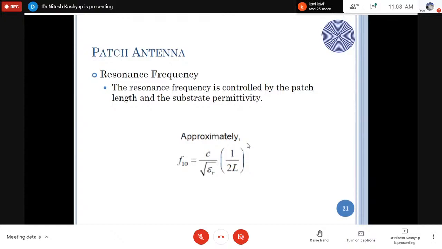Here I have written f10. This is the dominant mode, where the length is related to the mode. So half a wavelength is related to L, the length of the antenna.